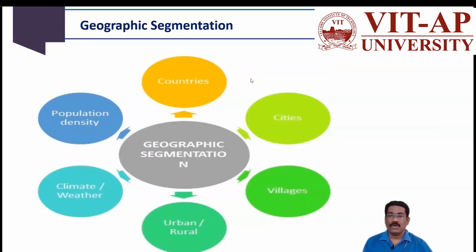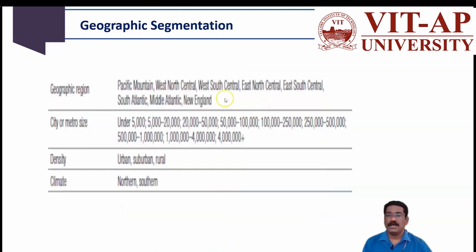So let's talk about geographic segmentation. As clearly given, geographic segmentation can be done using countries, cities, villages, urban or rural, climate, population density, all these factors. So let us see how geographic segmentation is done.